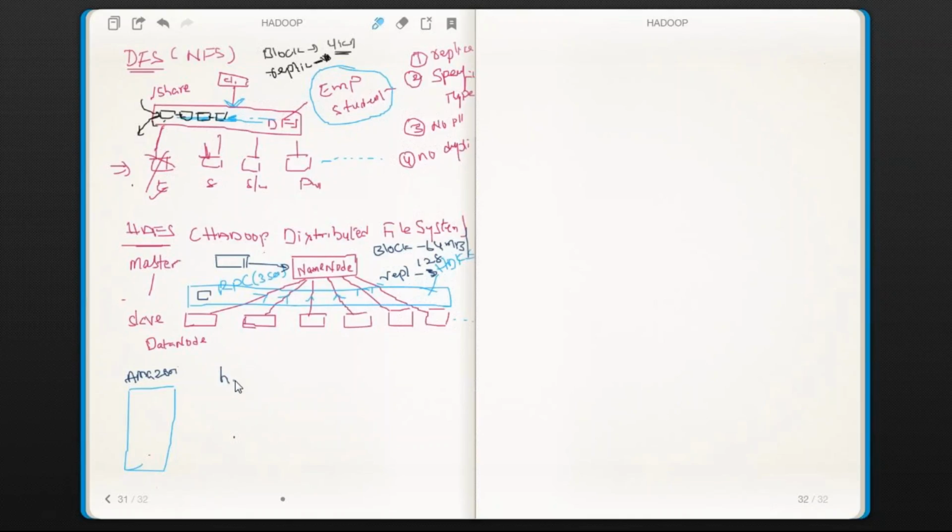I say hadoop fs -put, where fs means file system, then the path of the Amazon data and the path of the HDFS. When I give this command, what will happen? Your client will break this data into pieces because it will read only blocks, right? This is what happens even in our normal file system also.